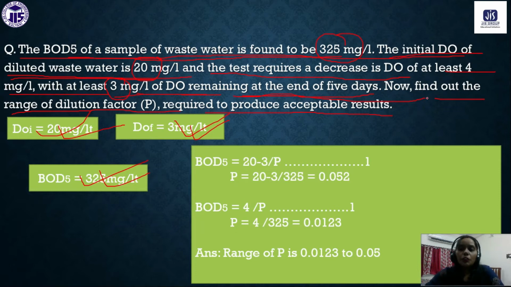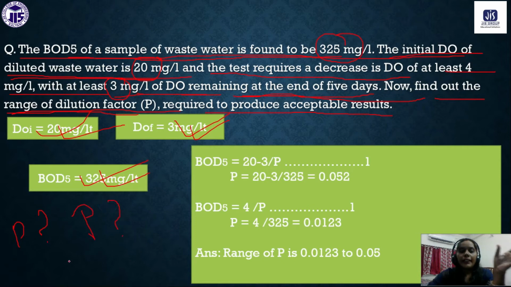Now find out one more thing. Now find out the range of dilution factor. Look here, the range of dilution factor. That means when you have this type of question, the range of dilution factor, you have to calculate two p values.